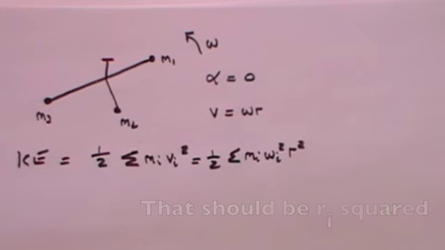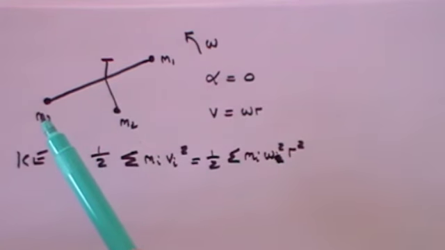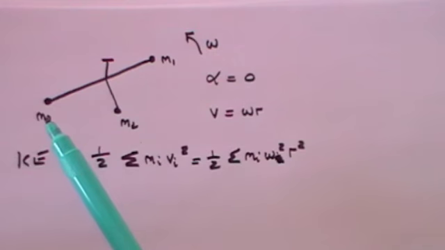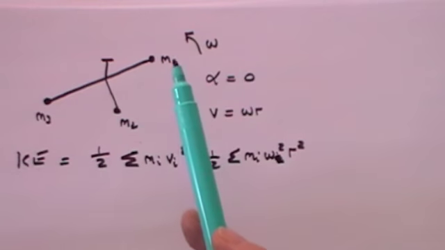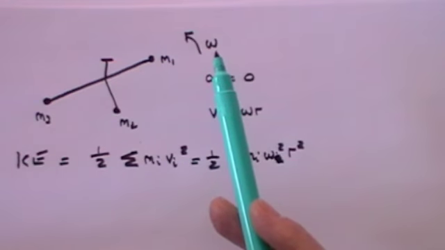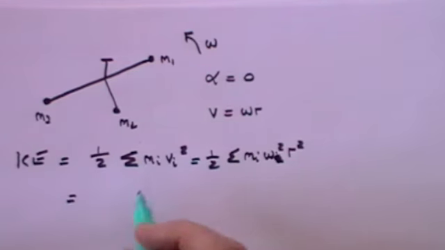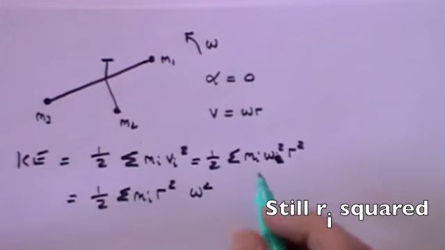And now here's the important point. I can remove the i from the omega because all these masses will rotate with the same angular velocity. They won't have the same rotational velocity because that depends on how far away they are from the origin. But they all go round with the same angular velocity omega. And that therefore gives us that the kinetic energy is, if I rewrite this term in a different way, a half sigma mi ri squared times omega squared.